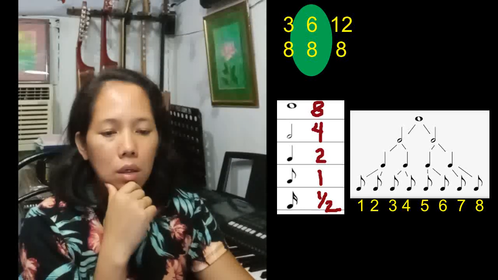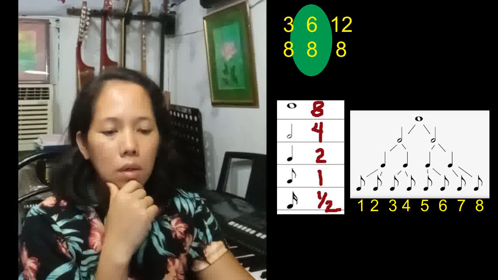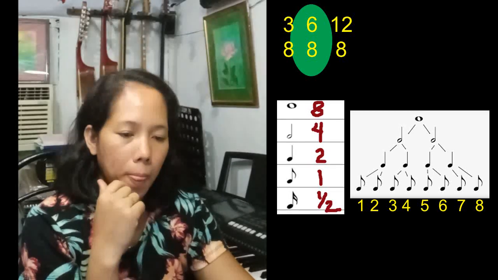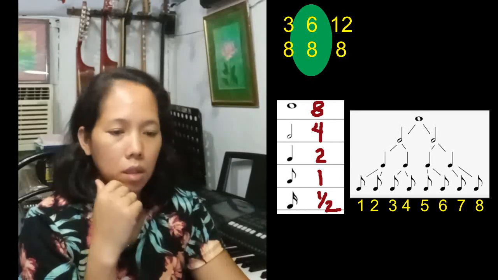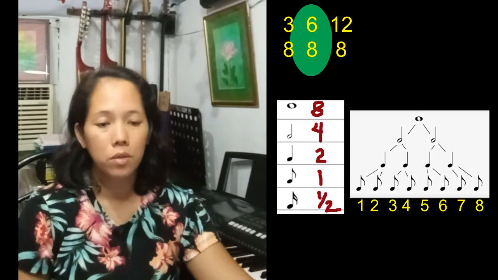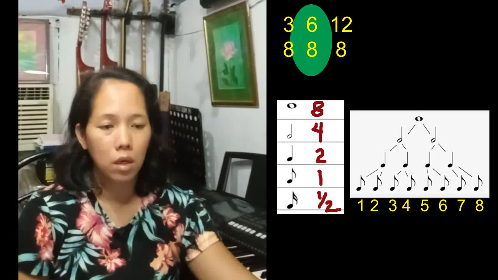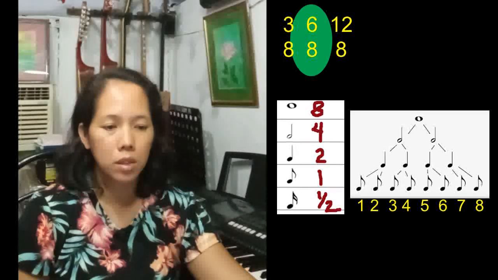And inside each quarter note, you also have 2 8th notes. Yeah? You also have 2 8th notes. And in this time signature with the lower number 8, each 8th note is treated as 1 beat. So therefore, that's how it came up with 8 beats. 1, 2, 3, 4, 5, 6, 7, 8.